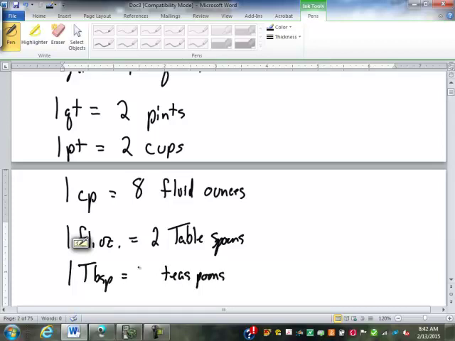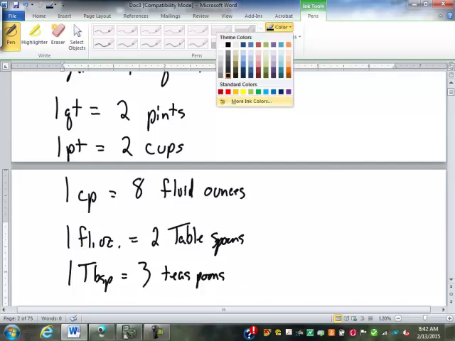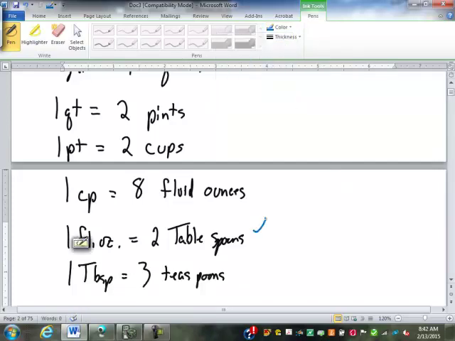This one's a little bit different as well. There are 3, yes. A little bit of a side note on these as well. Tablespoons, abbreviation, can be T, capital T, SP, can be capital T, BSP, small t, BSP, or just a capital T. Any of those abbreviations means tablespoons.